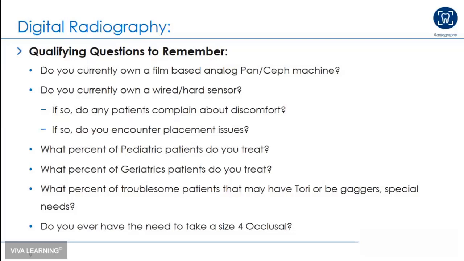Those are something to consider. And to date, I have not seen any rigid sensor that can accomplish an occlusal film with adequate and full pictorial representation of what you want to see on an occlusal film. And the size 4 occlusal that Air Techniques has in the phosphor plates is excellent for doing so.